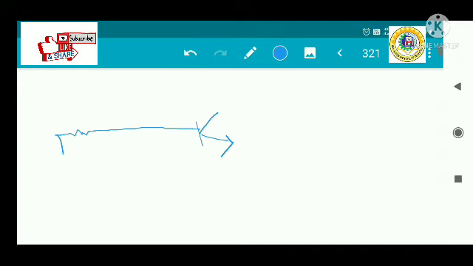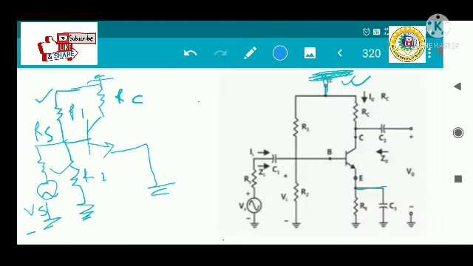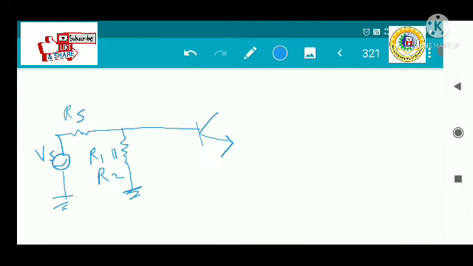This is your RS, this is your VS, connected to ground, and R1 and R2 are both in parallel because R1 is connected to ground and R2 is also connected to ground.